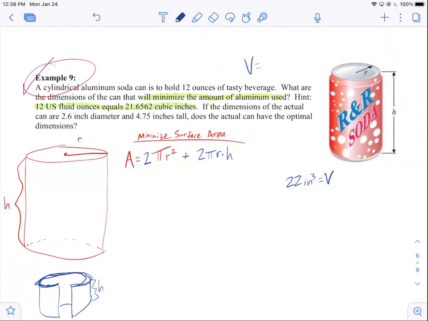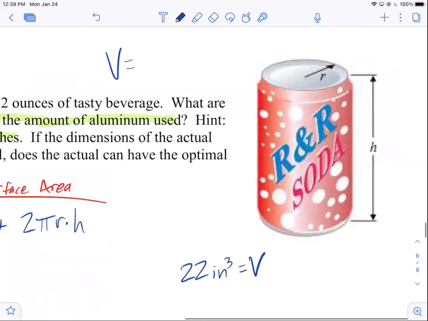All you have to do to find the volume of a geometric prism, which basically has a geometric shape on the top and the bottom, and then some distance between them, it's just the area of the face or the base, that's what we call it, and then times the distance between them. So for a rectangular prism, it's length times width, that's the area of the top, times the height, which is between them. So this is going to be the area of the top, which is pi r squared, times the distance between the top and bottom, h.